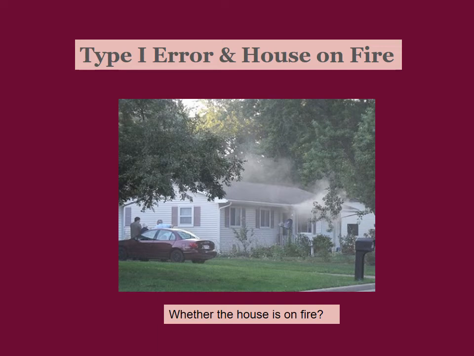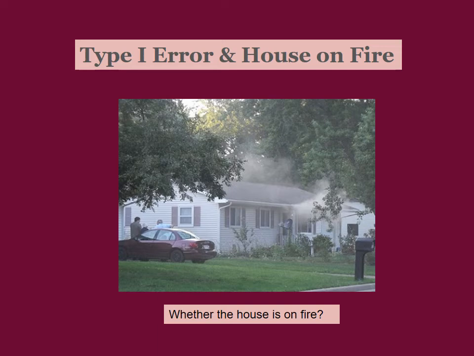House is on fire. Why are we guessing that? We need to guess whether the house is on fire or not. We can guess the house is on fire because smoke is coming from the house.